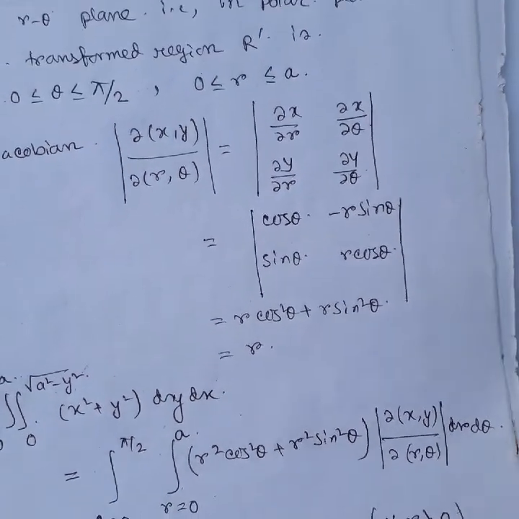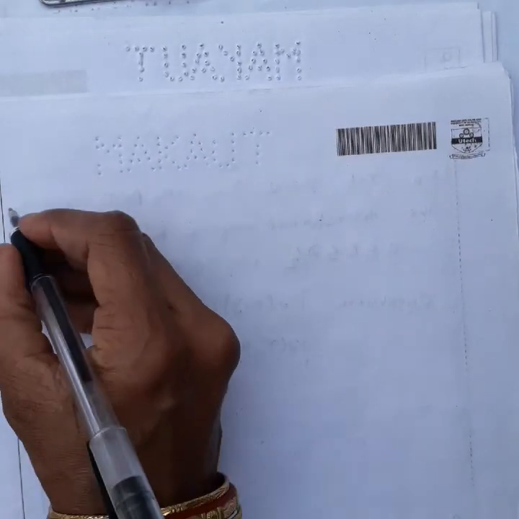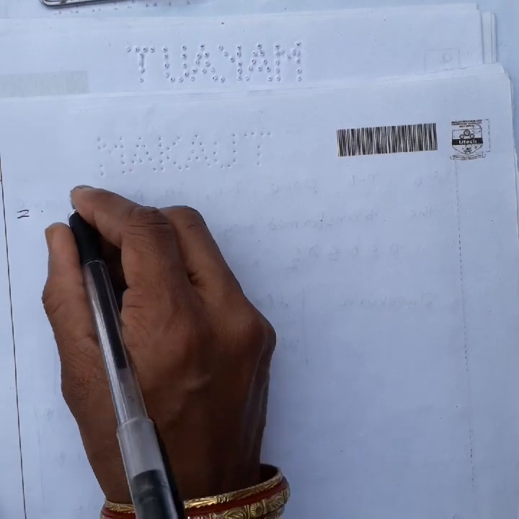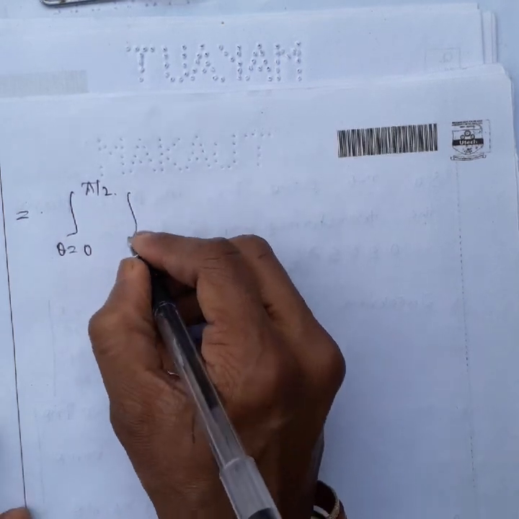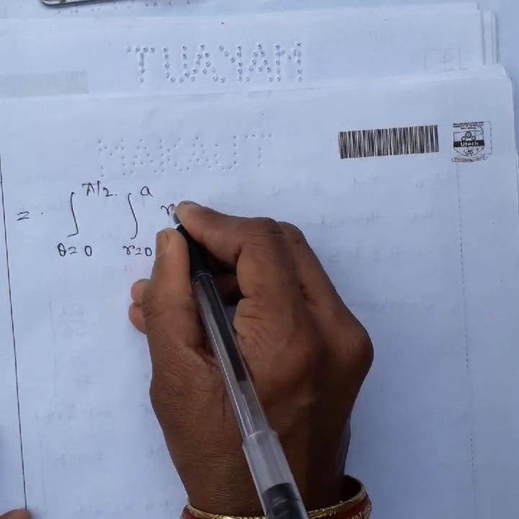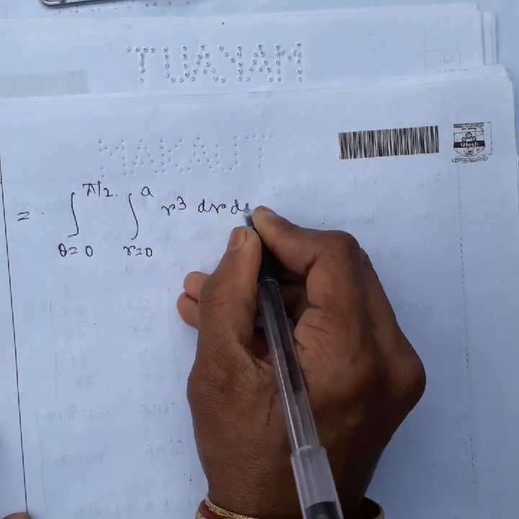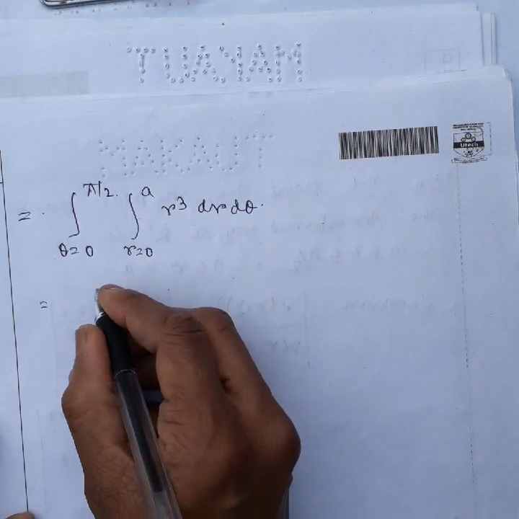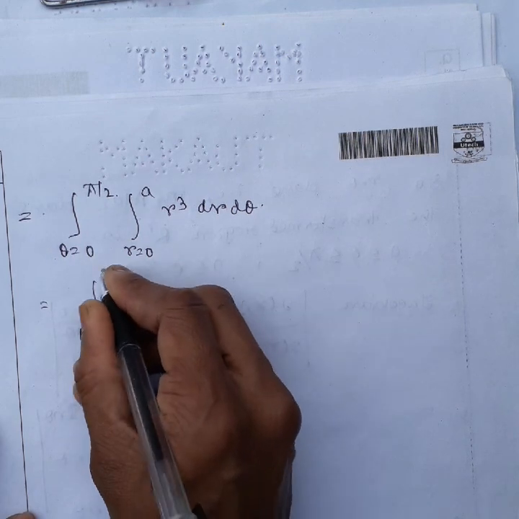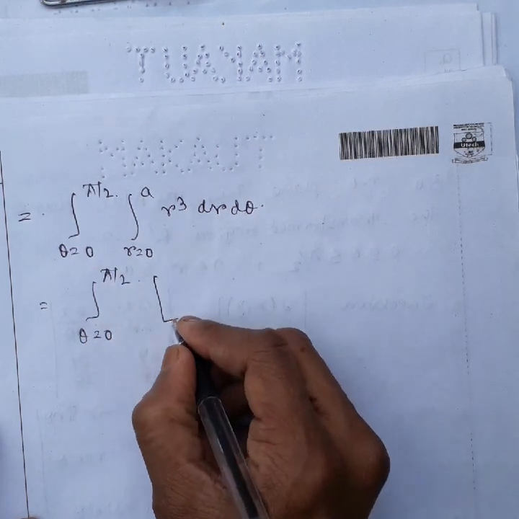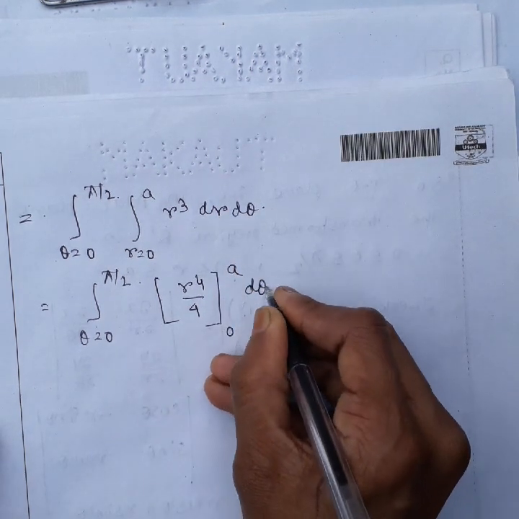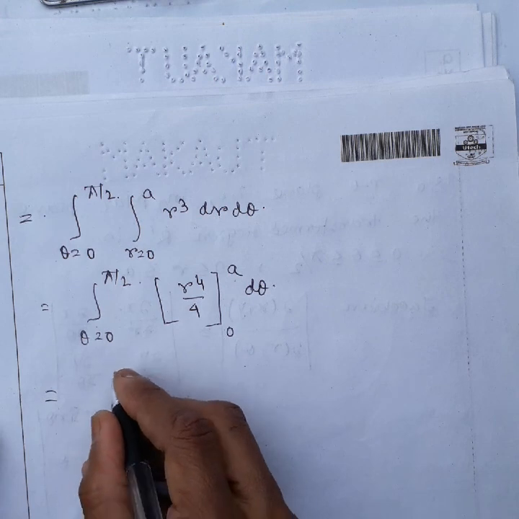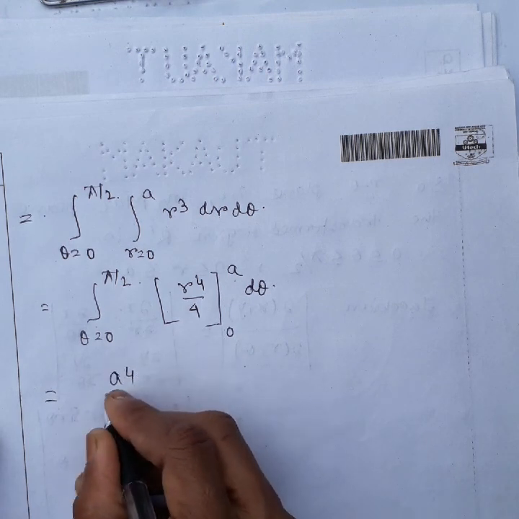Okay, so from here we get theta is equal to 0 to pi by 2, r is equal to 0 to a, r cube dr d theta, that is theta is equal to 0 to pi by 2 integrated with respect to r, that means r to the power 4 by 4, 0 to a, d theta.